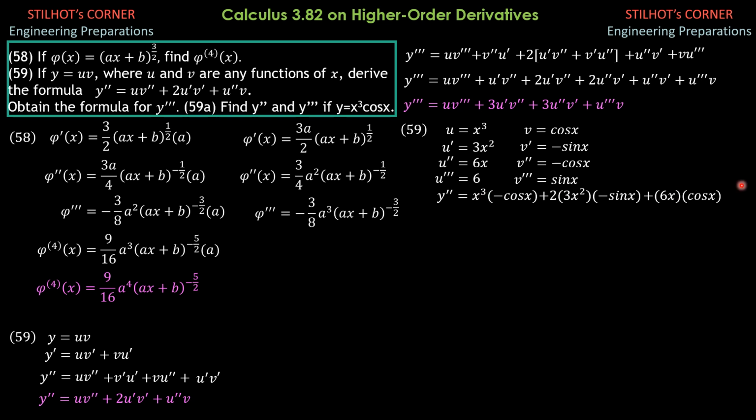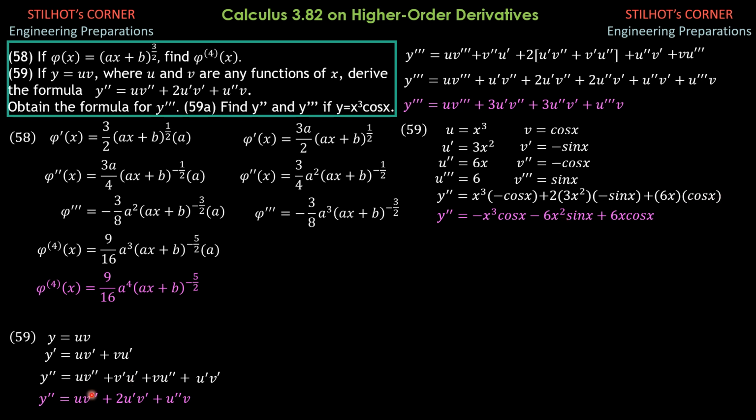So simplifying and combining, y double prime is negative x cubed cosine x, negative 6x squared sine x, and plus 6x cosine x.